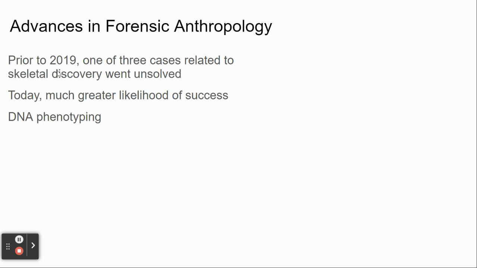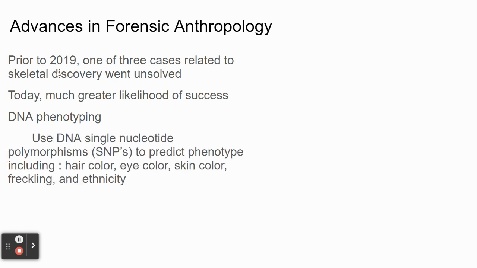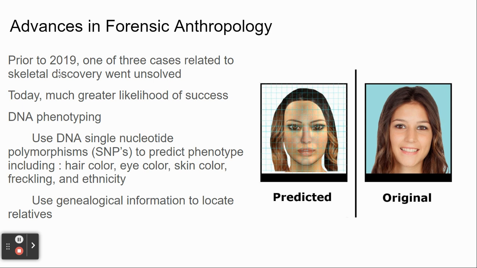That's going to generate eye color, skin tone, hair color, certain facial features, and they can then superimpose that, if you will, over the skull to see whether or not it looks like it works, right? And so from that, they're able to get a lot more specific information to be able to determine what the individual looked like.